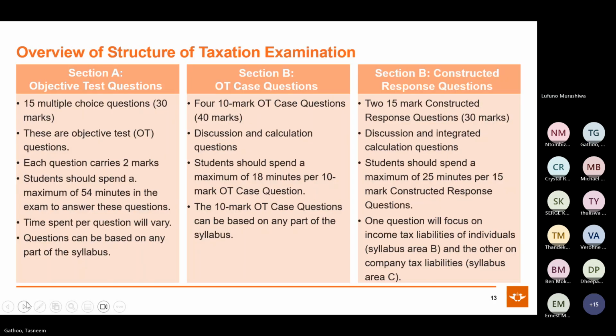Okay. Part of what we need to do in this course is give you the technical knowledge for tax. So far, we have focused a lot on that. But it's also really important that we look at and practice how to approach the exam.